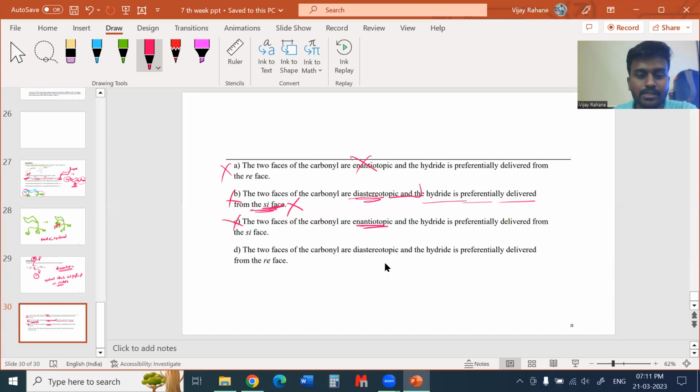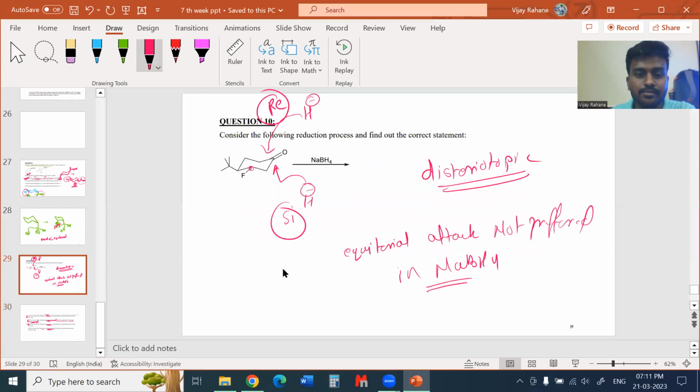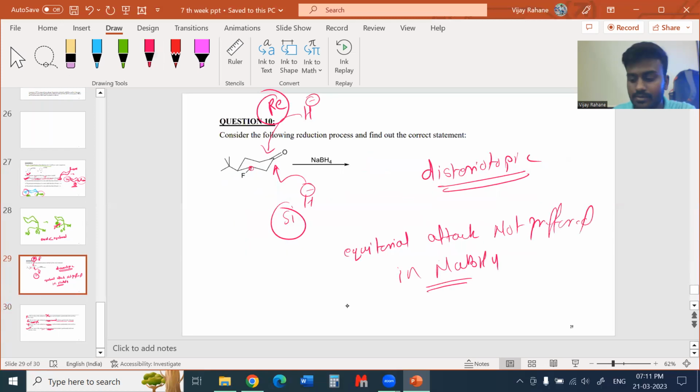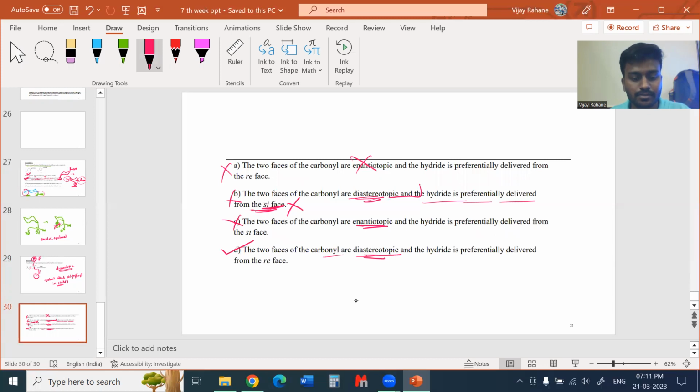And the last option remains. The two faces of the carbonyl are diastereotopic, correct. And the hydride is preferentially delivered from the re face. Re face means the attack takes place axially. This one is the correct option. So re face attack is preferred here. So the correct option is D.